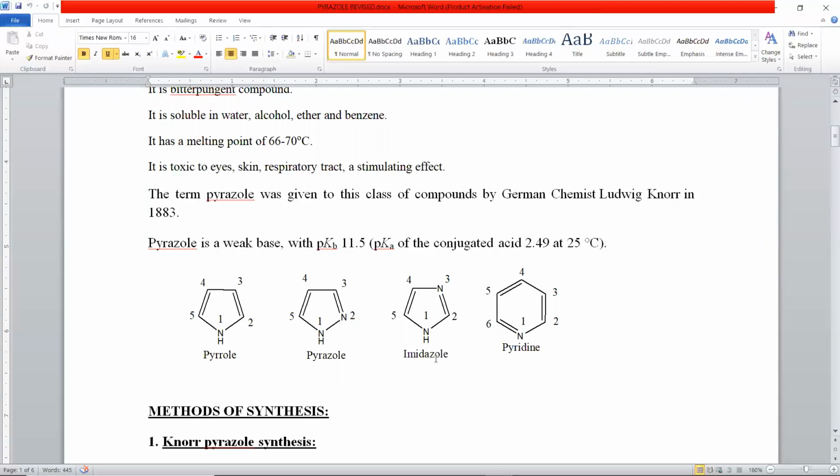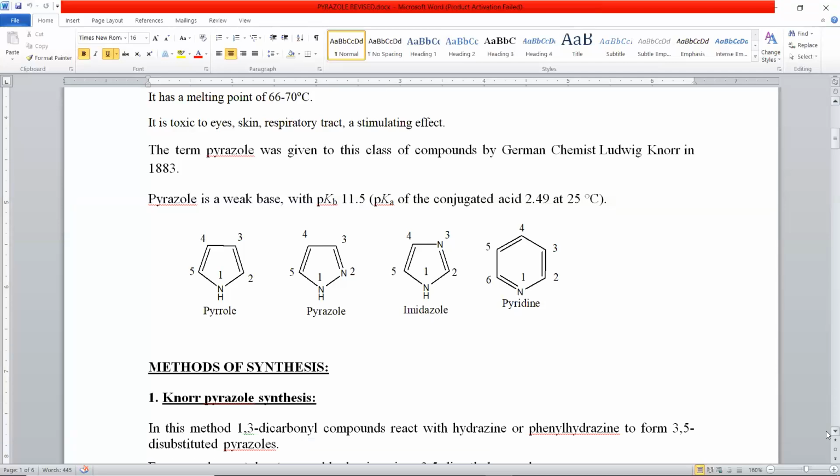So imidazole is the most basic among all these nitrogen containing heterocyclic compounds. Among pyrazole and imidazole, imidazole is highly basic. And if we compare the basicity of imidazole and pyridine, imidazole is more basic compared with pyridine.